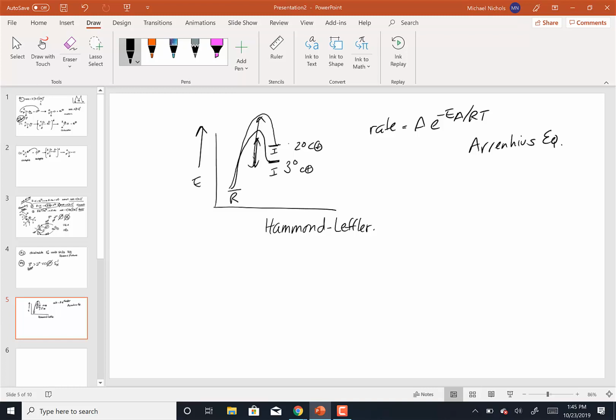So I said that completely wrong a minute ago, but forget it. When you have a more stable intermediate, that means that the transition state looks more like the reactants than the products. So when you have a more stable product, the transition state looks more like the reactants.